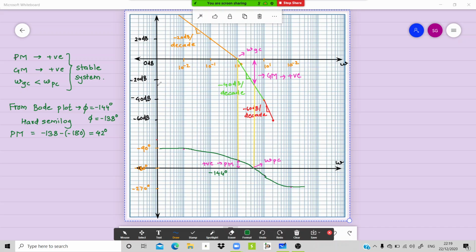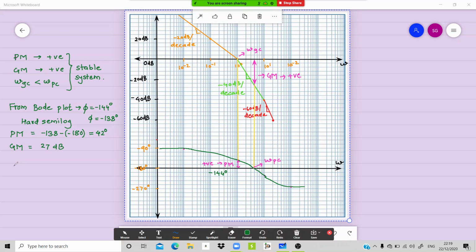So it will be 24, 25, 26, 27. So GM, which I got, is 27 dB.